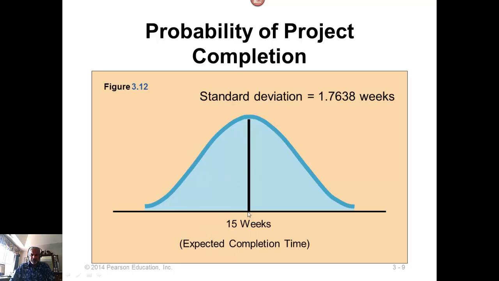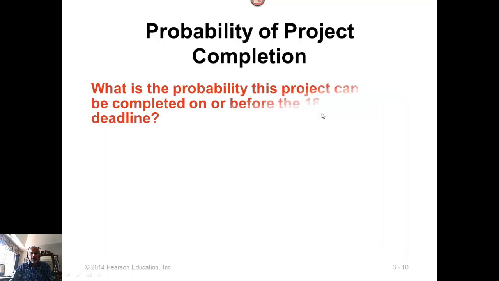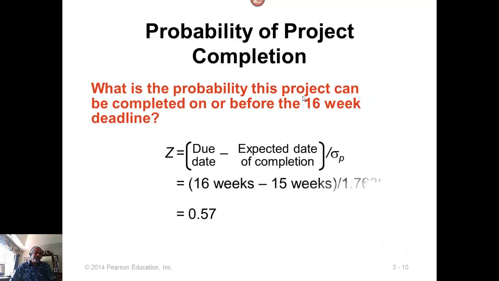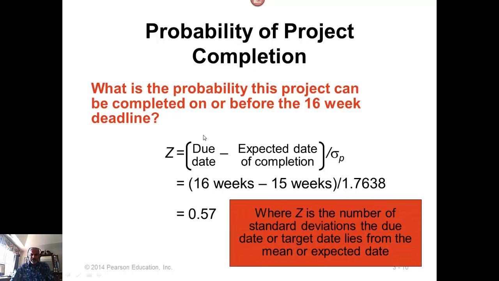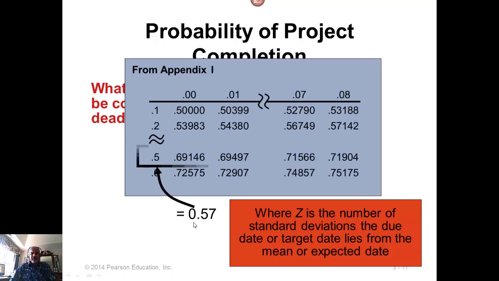The expected time is the mean, and the standard deviation we just found. So now we can compute probabilities, like what is the probability we can complete the project in 16 weeks. In that case, the due date of 16 weeks minus the expected completion time, divided by the standard deviation, gives you the z value. Now you take the z value to the normal distribution table in the appendix at the back of the book.